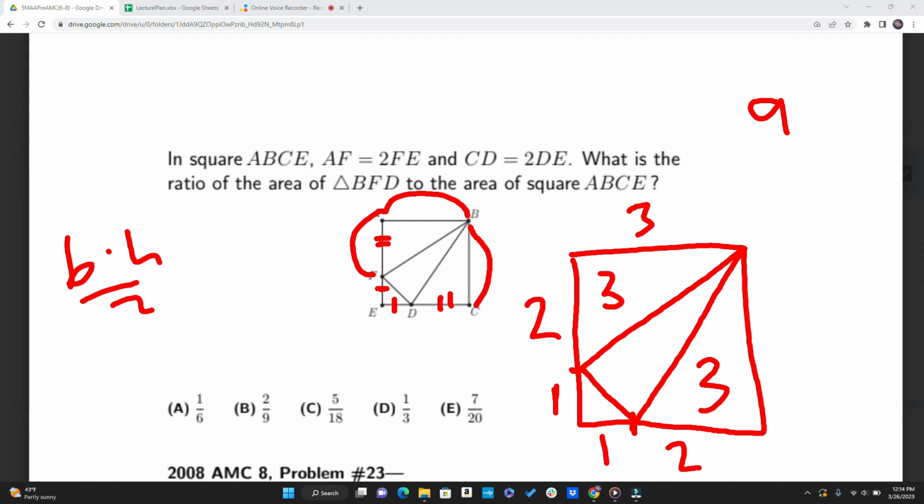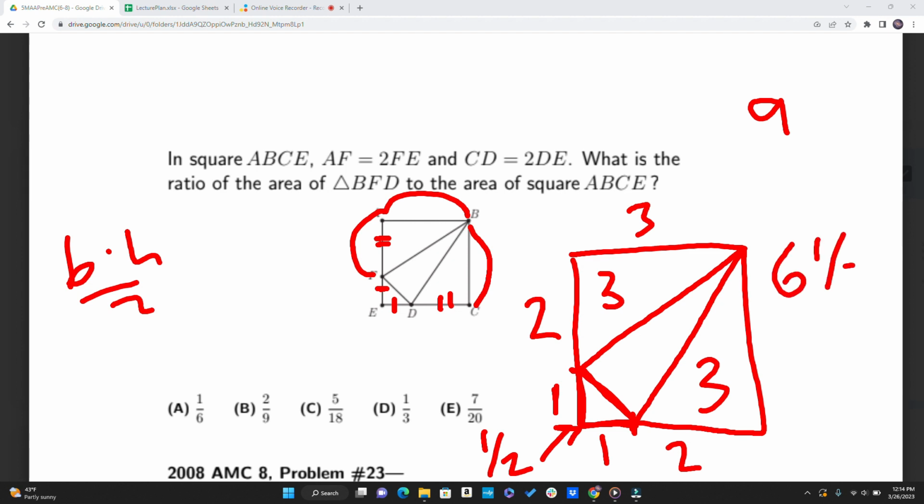And then FED, this triangle right here, has area base times height, 1 times 1 over 2, that has area 1/2. So our total area outside the triangle is 3 plus 3 plus 1/2. That's 6.5.